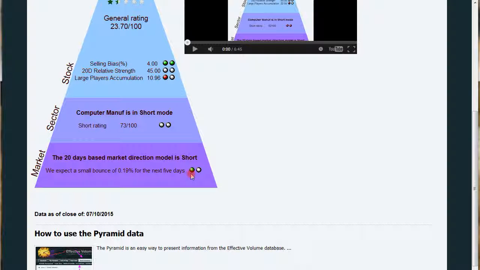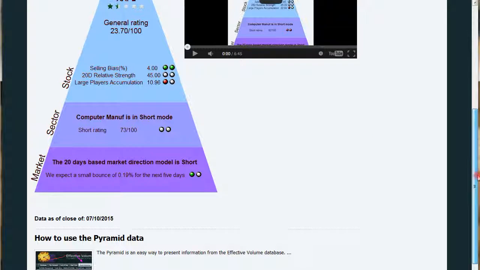So since for my own portfolio I use a much shorter 5-day interval, this is important for me to say that yes, maybe it's okay to buy for the short term, even if the longer term picture is short.